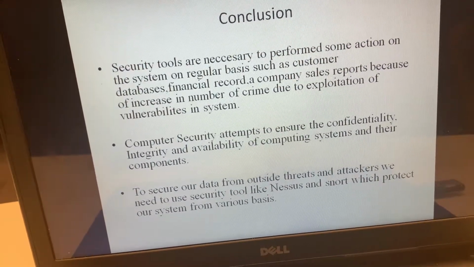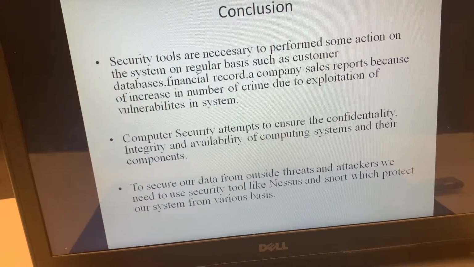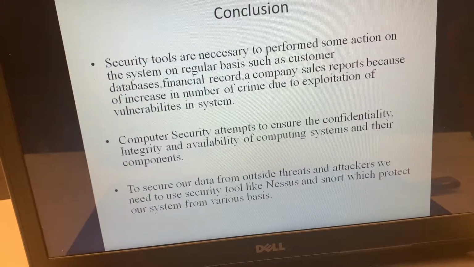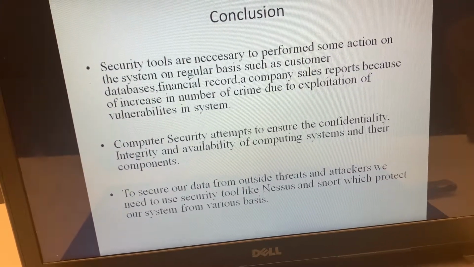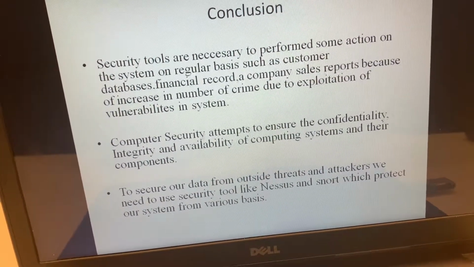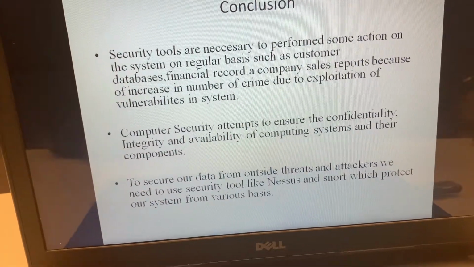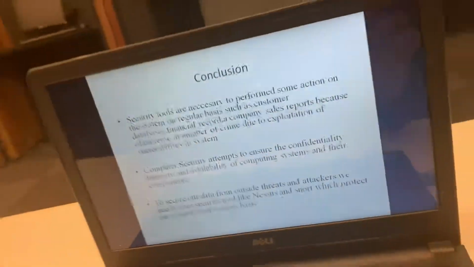Moreover, computer security attempts to ensure the confidentiality, integrity and availability of computing systems and their components. So to secure our data from outside threats and attackers, we need to use security tools like Nessus and Snort, which protect our system from various threats.